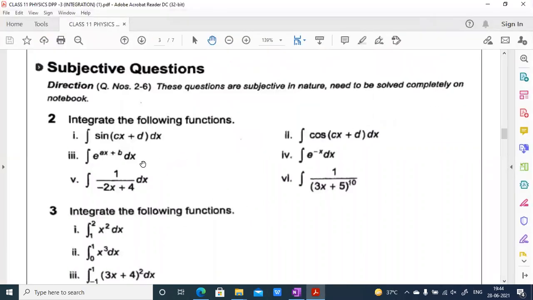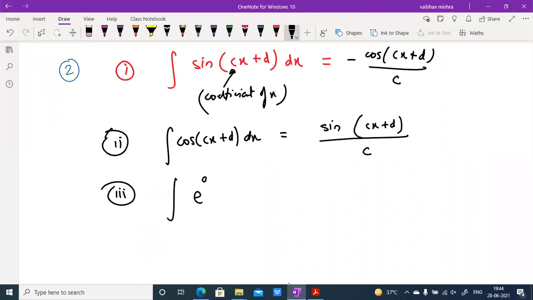Okay, fine. Third one is e raised to power ax plus b. Anurag, integration of e raised to power ax plus b times dx. E raised to power x integration is e raised to power x, right?